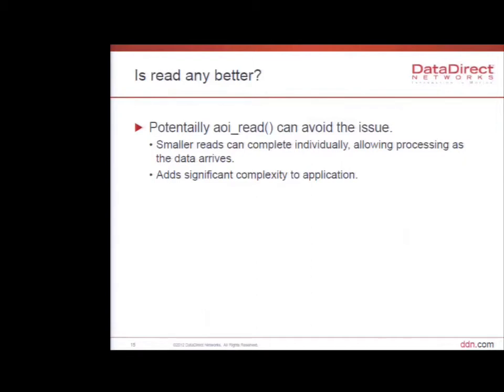Potentially, if you are just reading the file and doing something with the data, you could use a number of smaller reads, aligning your reads with your stripe sizes, obviously, and wait for them all in turn. The reads would complete at different rates, which they do anyway, and the application would get an individual notification of the reads.